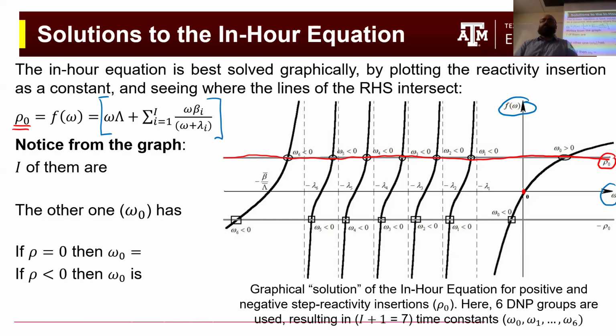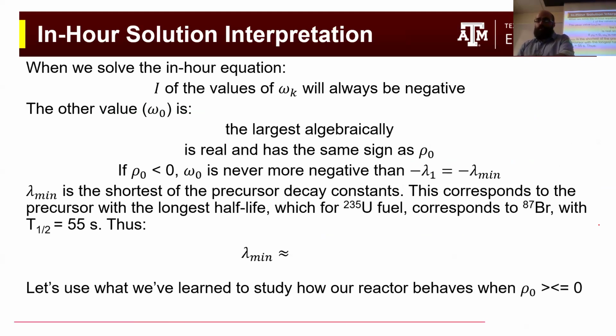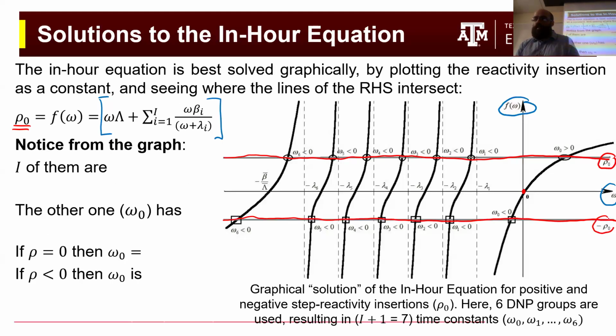So any y values, or any reactivities, above that are positive reactivity insertions. And this line down here is below the horizontal axis. It corresponds to negative reactivity insertions.